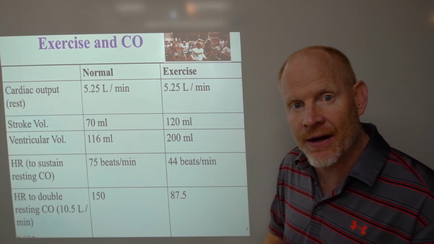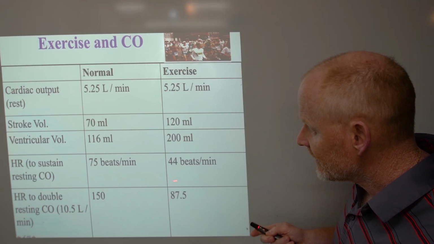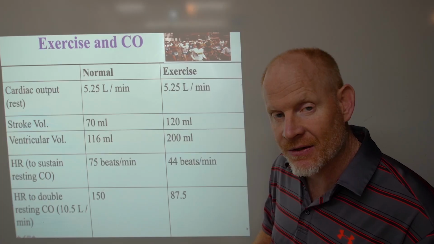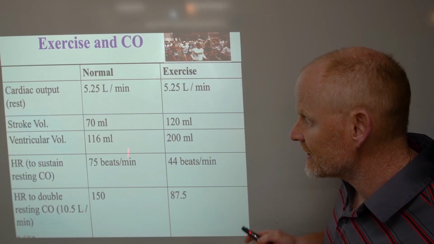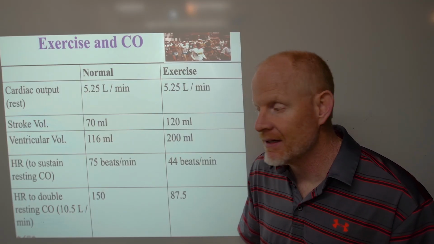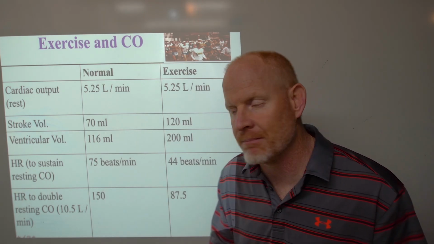They double their heart rate. Doubling the runner's resting rate gives 87.5, which is really close to 75 beats per minute. Whereas for the person who doesn't exercise, the heart rate is going to go above 150 and they're going to tire really quickly. So the runner can outrun you really easily because they obviously work the heart all the time.